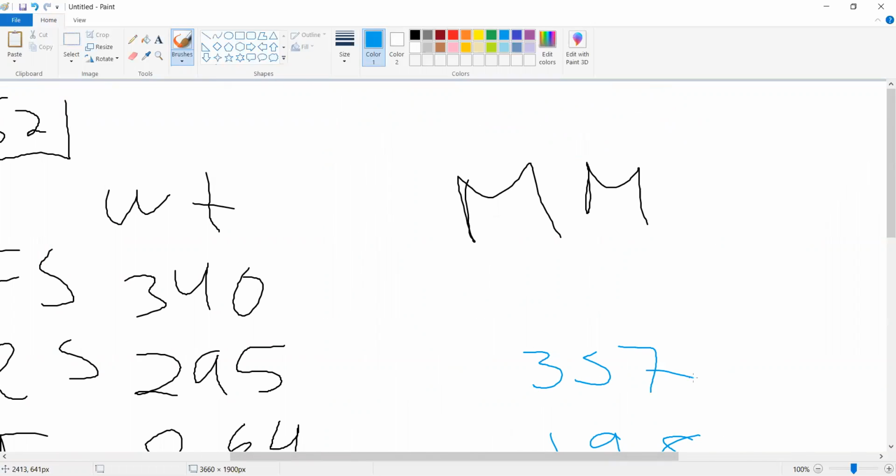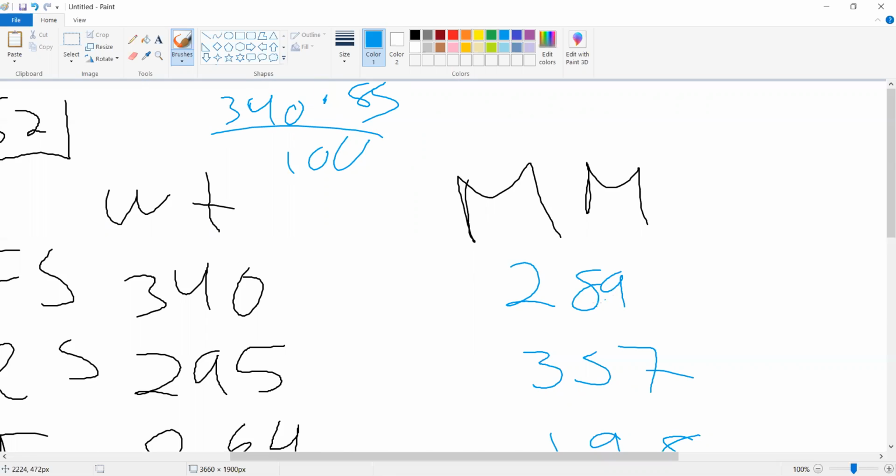Next number is 340 for our front seat. And the arm given here, since it's not in the text, is 85 over 100. So 340 times 85 divided by 100, 289. So now we have all the numbers we need.